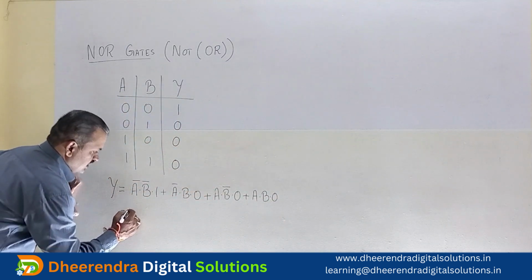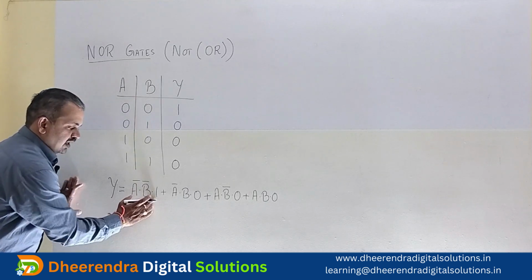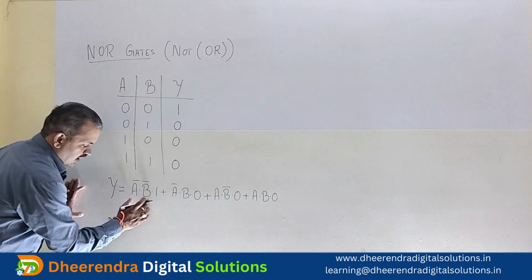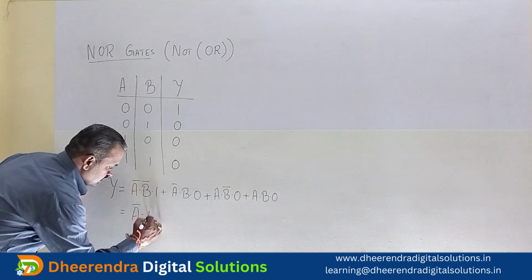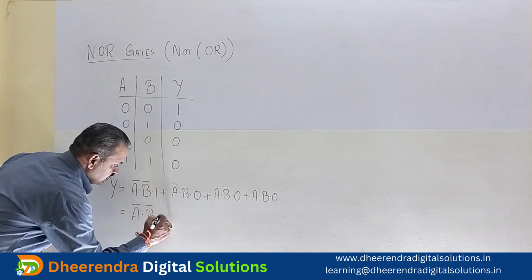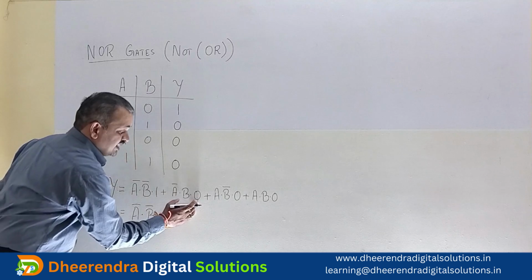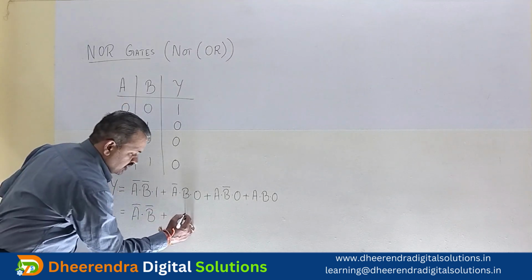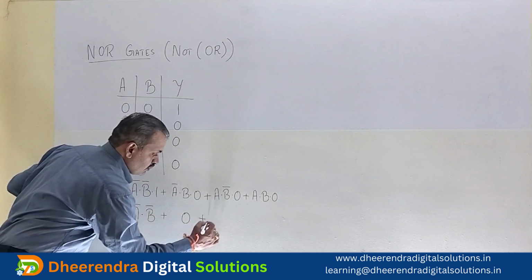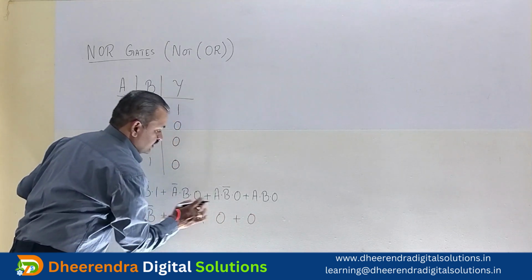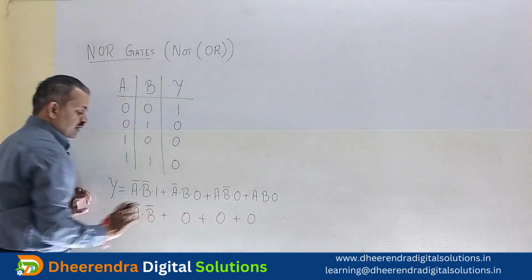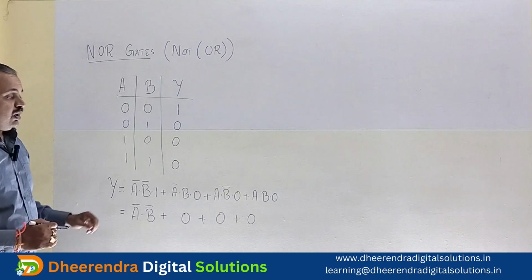Now when we simplify this, whenever we AND anything with 1, we get itself, so it is going to be A bar dot B bar, plus anything ANDed with 0 is 0, so we get 0 plus 0 plus 0, because we have 0 0 0, so these three terms become 0.